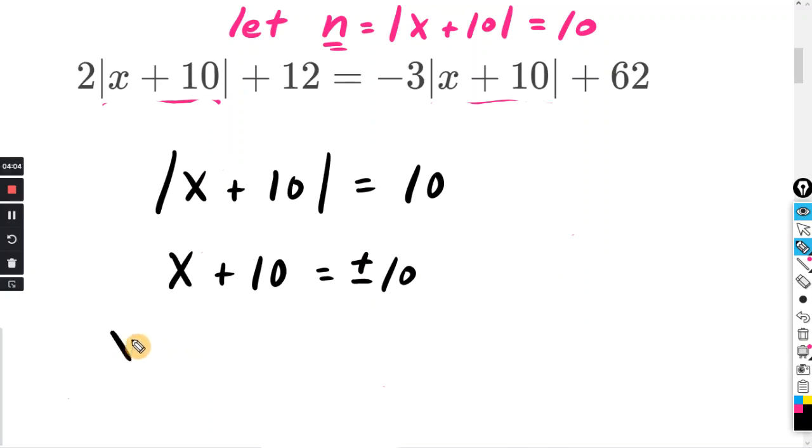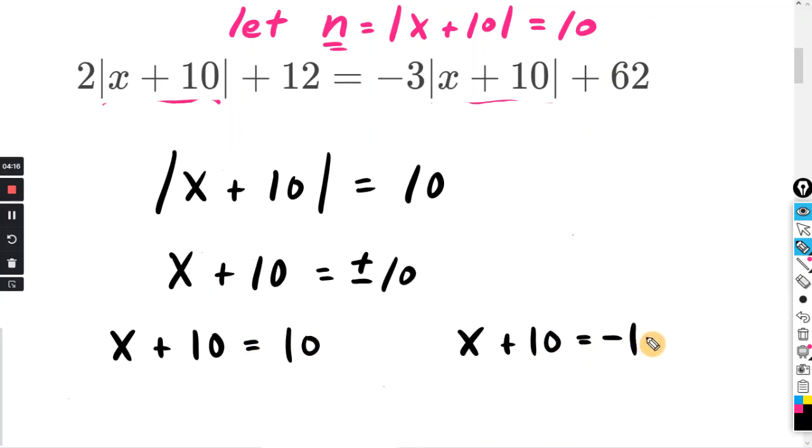We have x plus 10 equals positive 10, and we have x plus 10 equals negative 10. All right, so there's going to be two answers here. Basically I took the expression in the absolute value, I made it plus or minus on the other side of the equal sign, and now we have two equations.